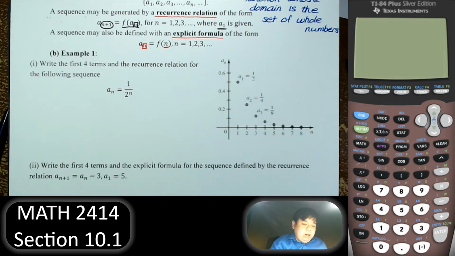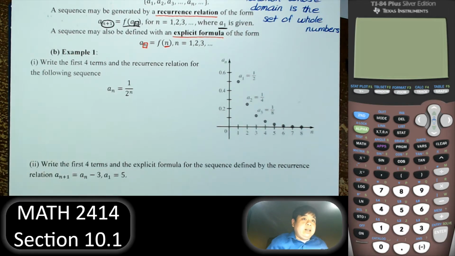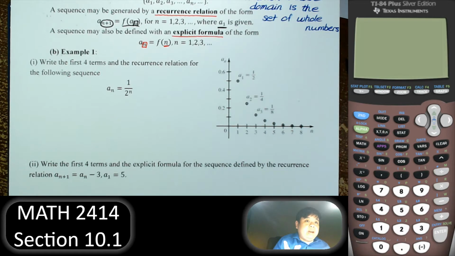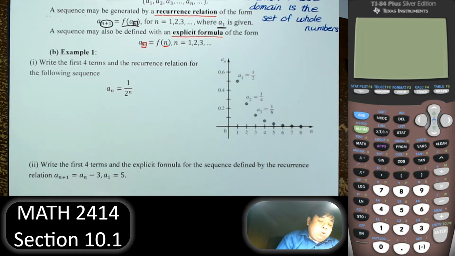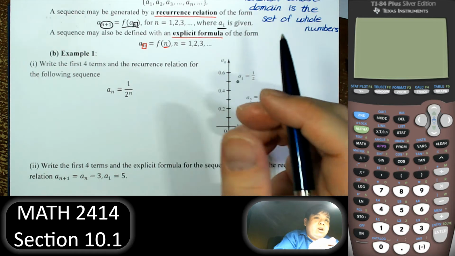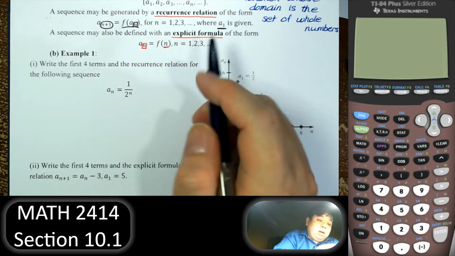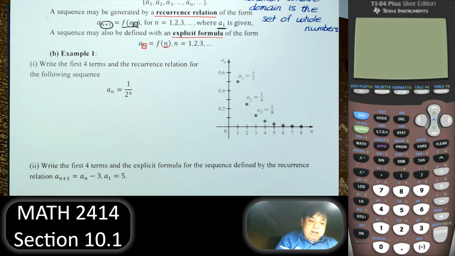Right, so pretty simple. We have a sub n equal to 1 over 2 to the n. So for 4 different values of n, the first 4, then it works. By the way, by default, a sequence starts from 1, unless sometimes it starts from 0, but we have to specify that. But in this case the sequence starts from 1, the index is 1.